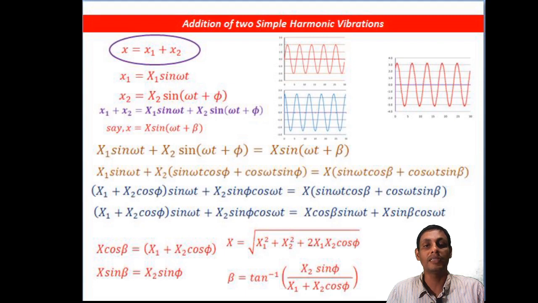If you compare with X1 sin omega t, the phase difference will be beta, and that beta can be easily calculated by the ratio of these two expressions. Sin beta by cos beta becomes tan beta, and beta will be tan inverse of these right side ratios.